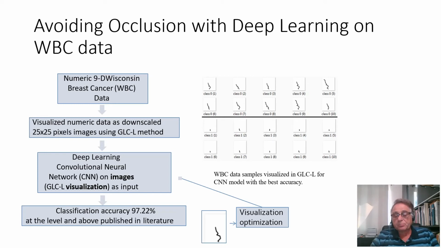To discover this pattern, we created those images and put them into a convolutional neural network, CNN, and asked the neural network to discover this pattern, and it was done with high accuracy, 97%.